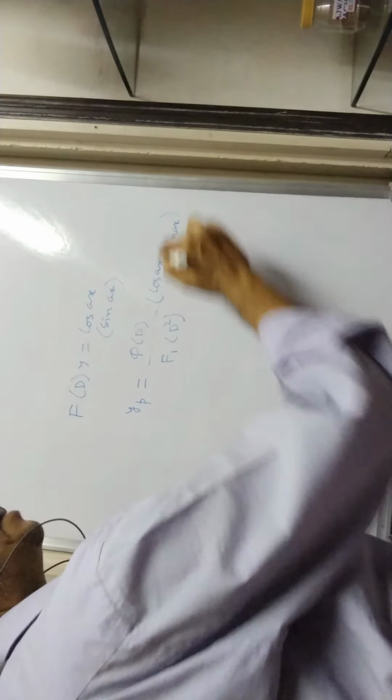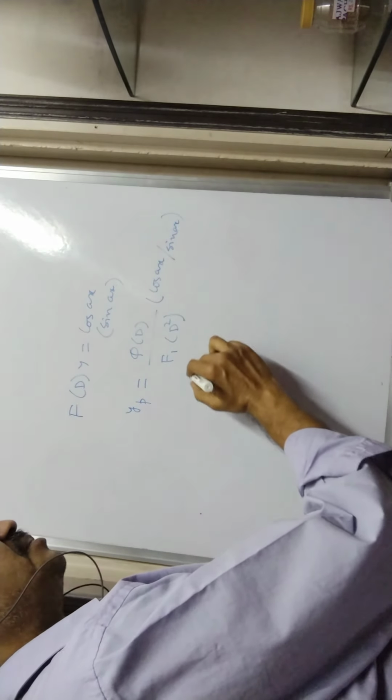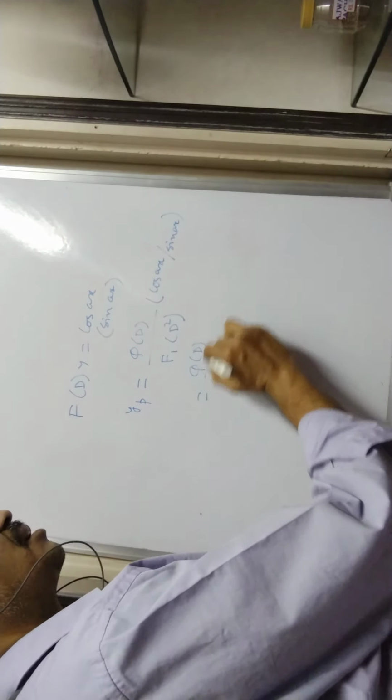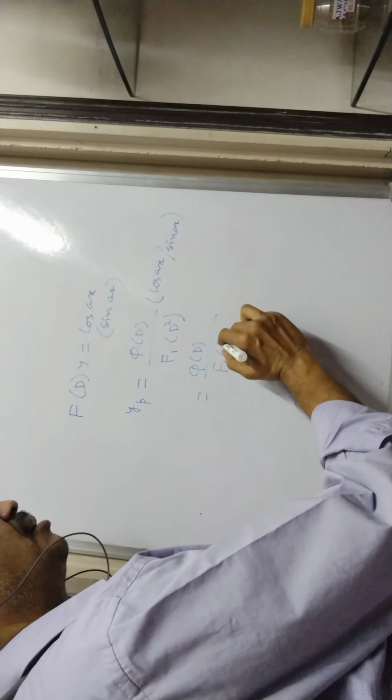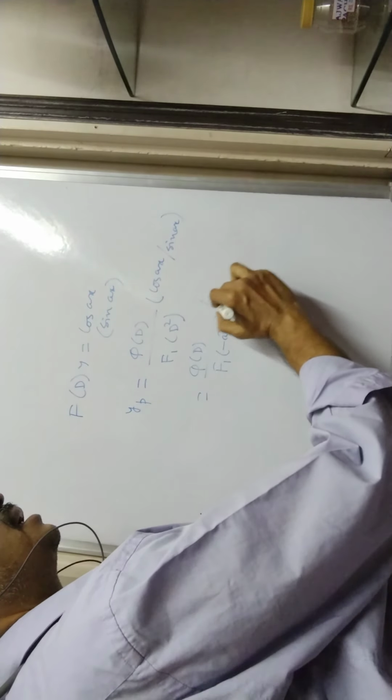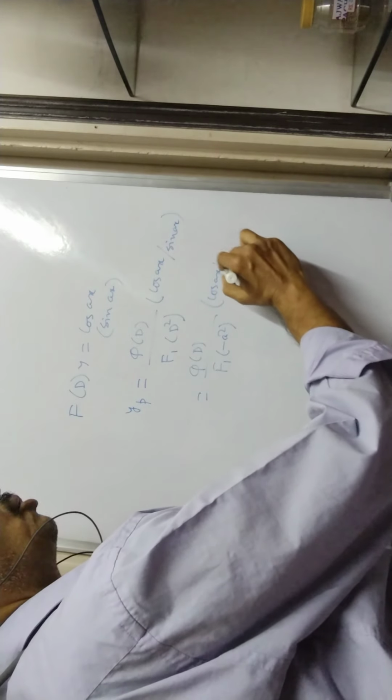In both the cases we have the same result. This gives phi(d) by f1 of minus a square, cos x or sin x.